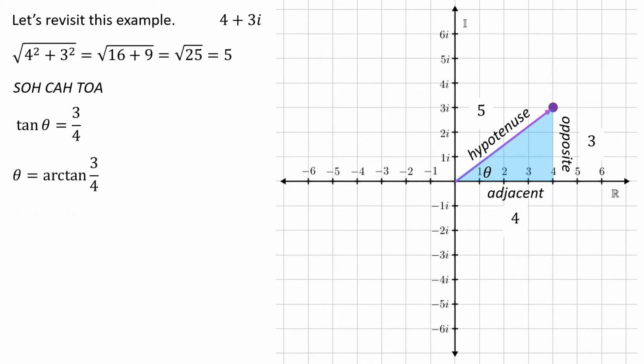So arctangent of 3/4 got me that really weird 36.9 degrees. Okay, so now how do I go the other direction? If I know that the polar form is 5, 36.9 degrees, how do I get back to that 4 plus 3i?